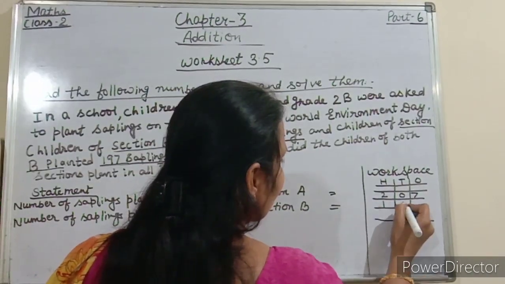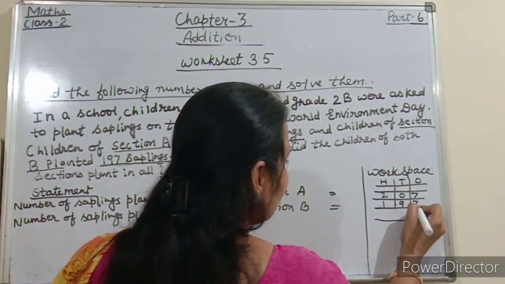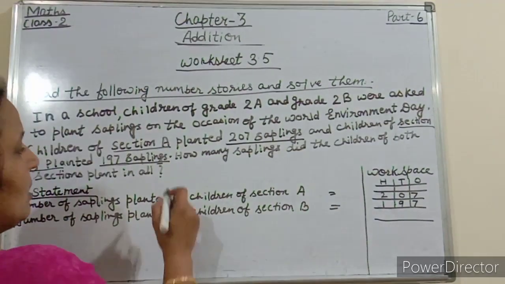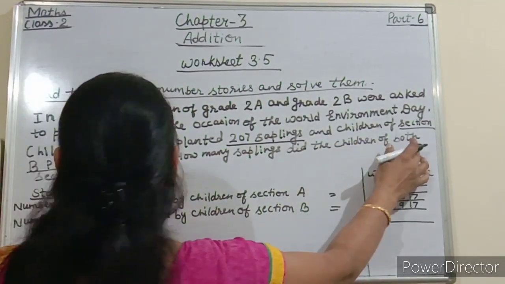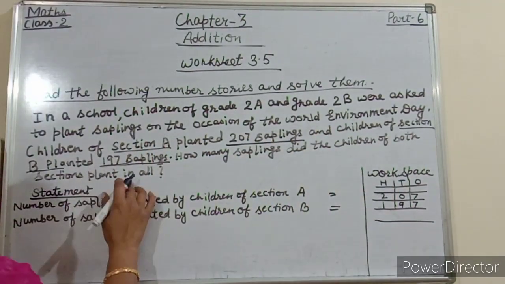So here we will write 197. So students, how many saplings did the children of both sections plant in all?